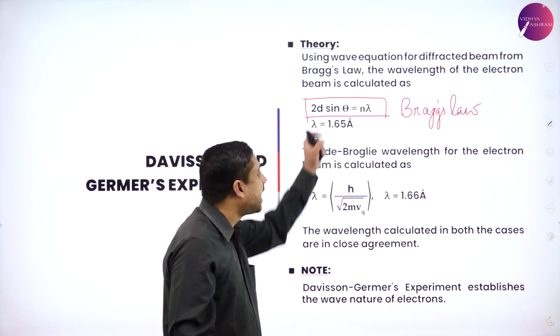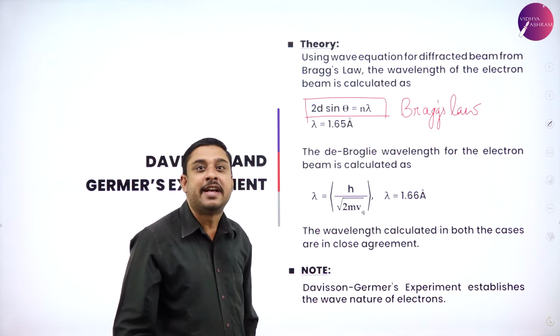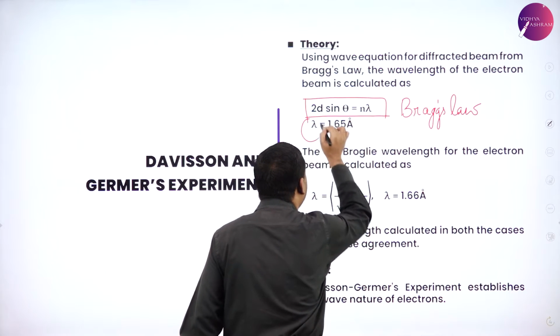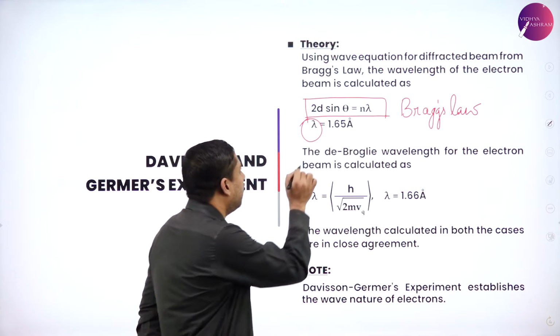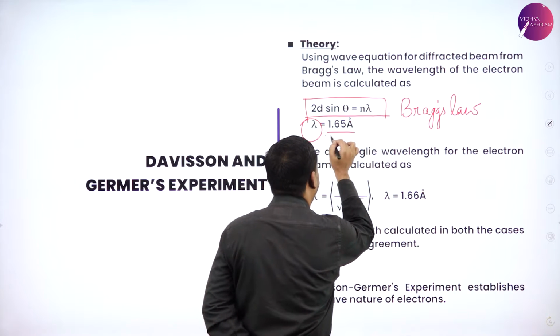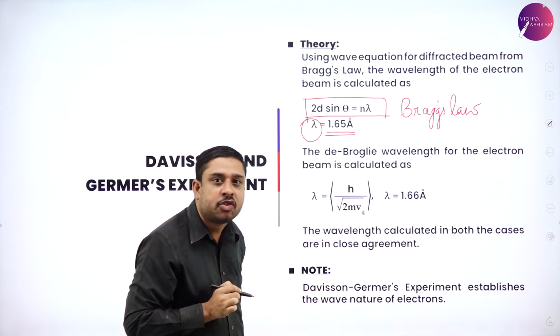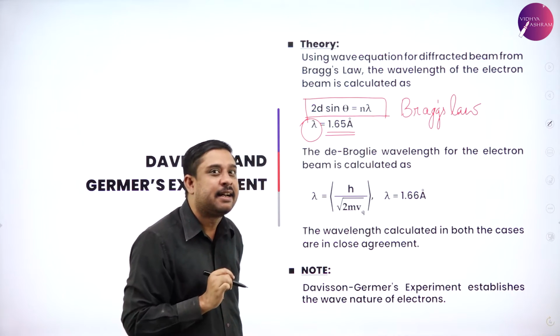And what is this expression called? Bragg's law. From which what is calculated? The wavelength of the diffracted electrons, which turns out to be 1.65 angstroms.